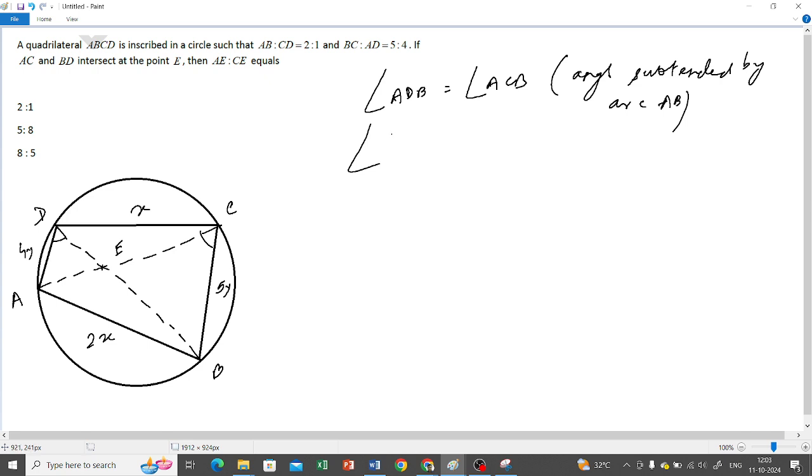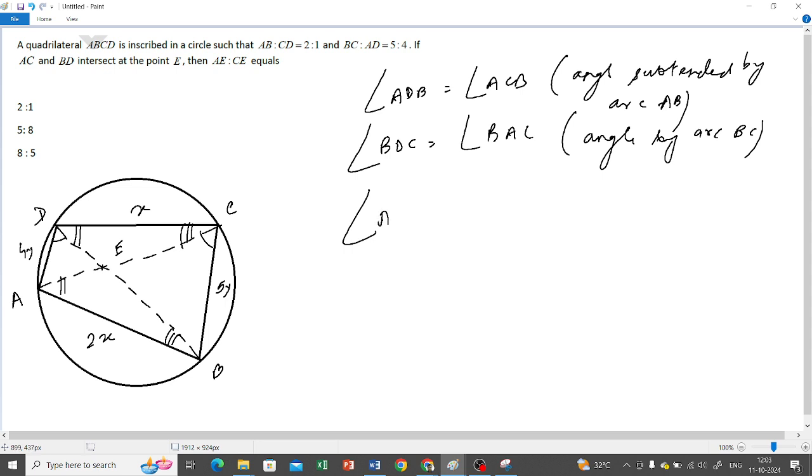Now angle BDC is equal to BAC. Angle by arc BC, right? Angle ACD is equal to angle DBA. ACD is equal to DBA.